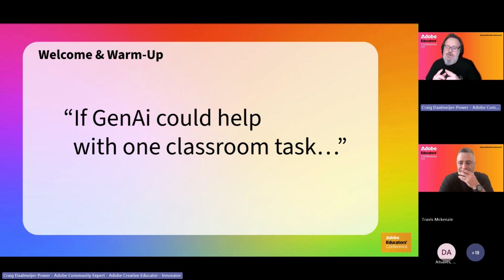If Gen AI could help with one classroom task, what would it be? Pop your answer into the chat pod, and we'd love to see what sort of ideas are coming out there for what are the areas that you believe Gen AI could be. Now, if you don't know yet, just think of anything.